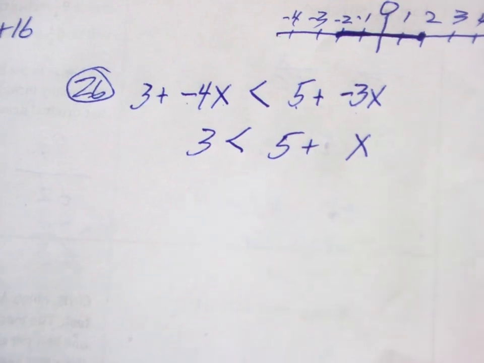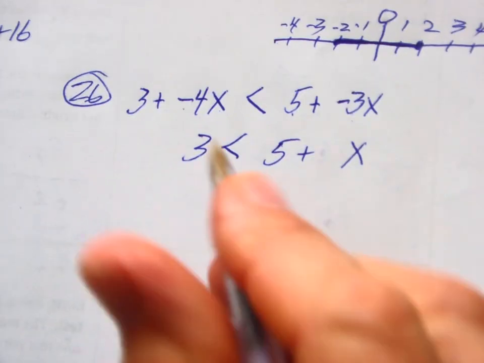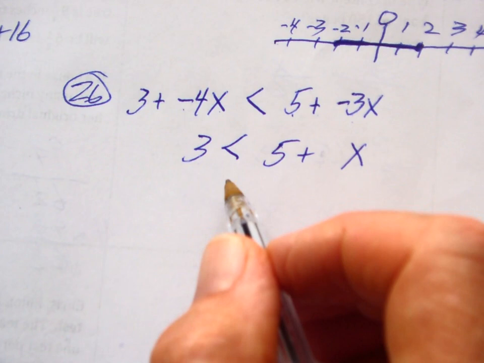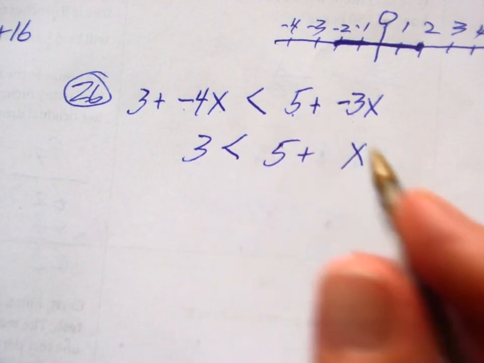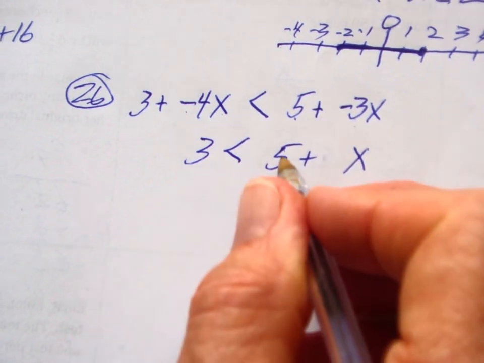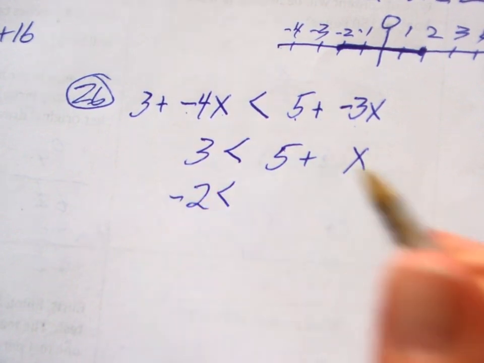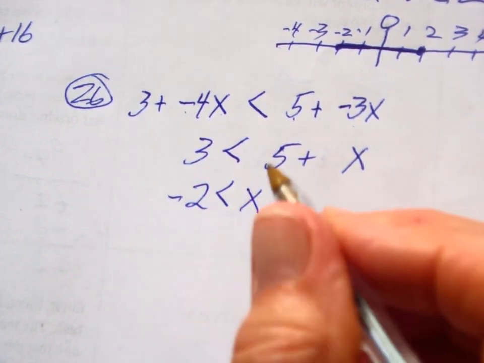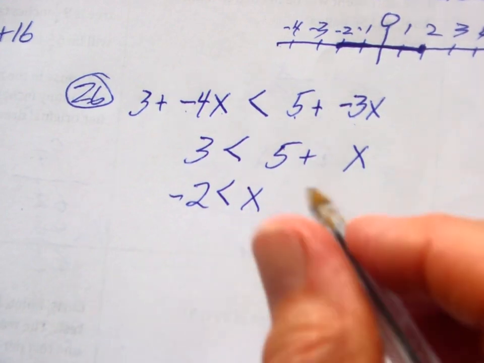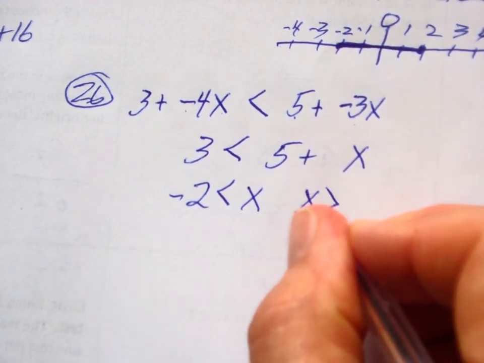We're going to subtract 5 from both sides. 3 minus 5 is -2, is less than x. Or x is greater than -2.